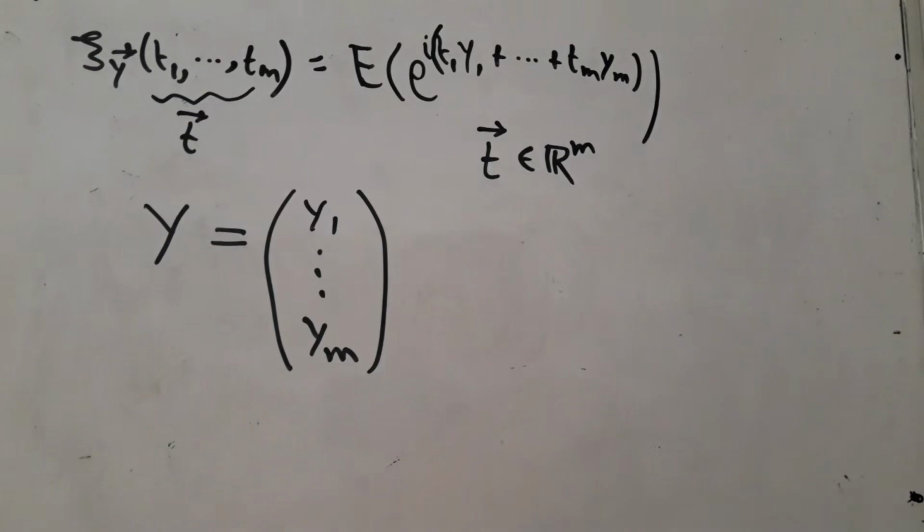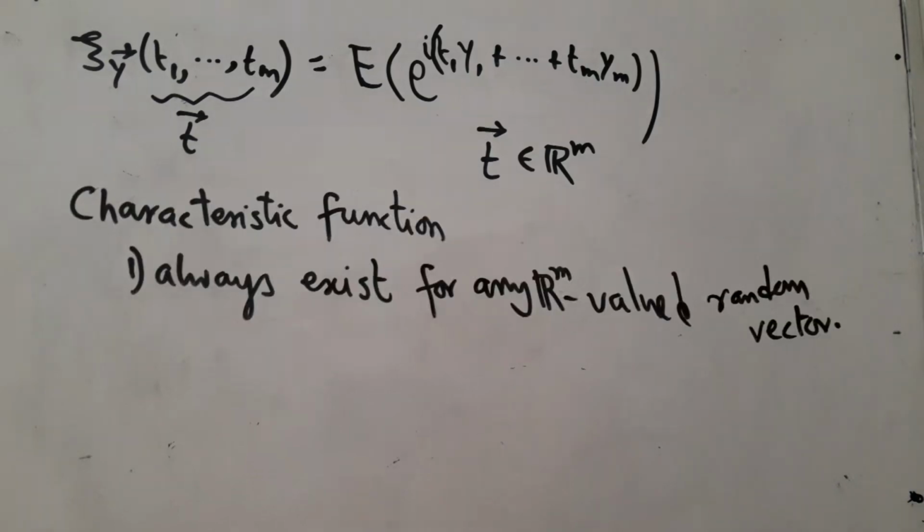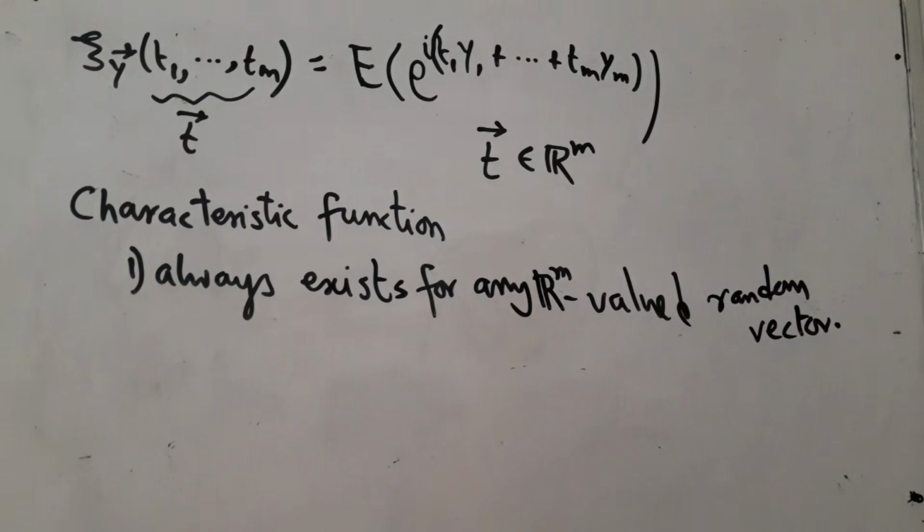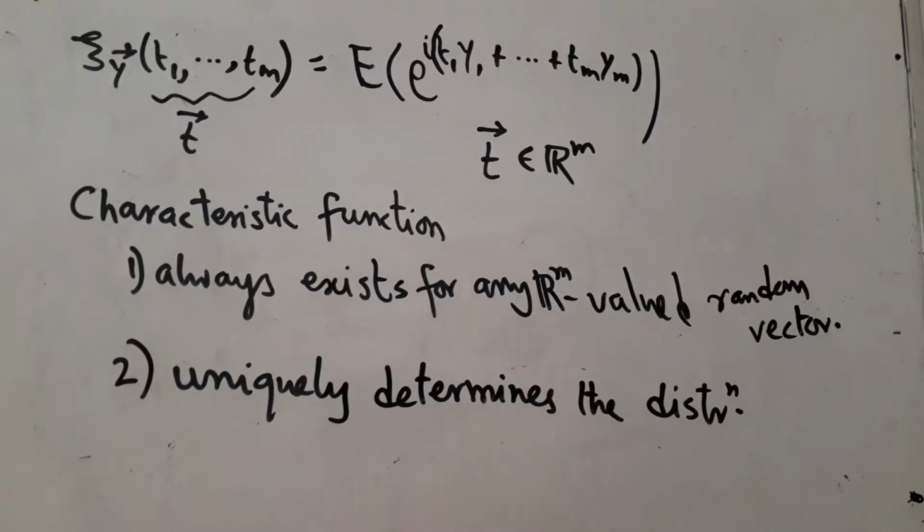So that is the definition of characteristic function of a random vector. Now just as in the univariate case, characteristic functions have two very useful properties. One, characteristic function always exists for any Rm valued random vector. In case of m equal to 1, we have already seen that it always exists for any real valued random variable. Here it is Rm valued random vector. And secondly, the property that gives characteristic function its name, it uniquely determines the distribution.